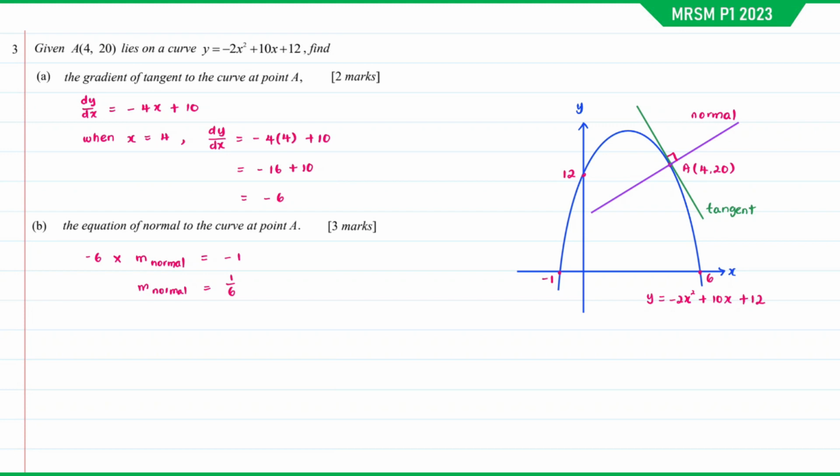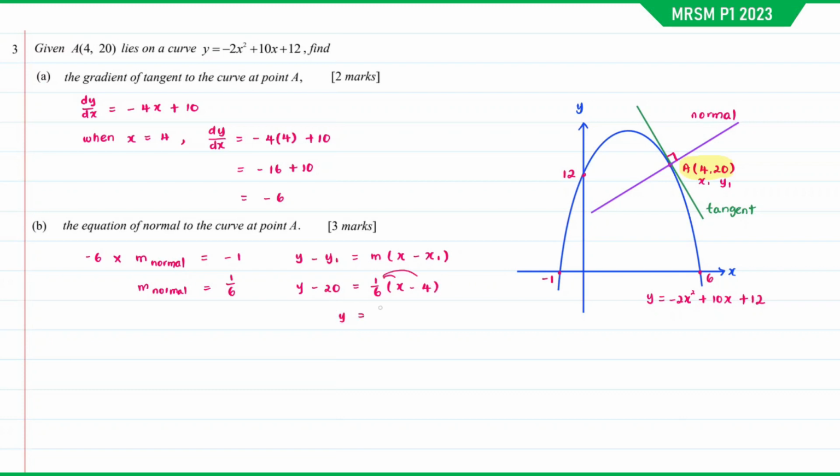As the normal passes through the point A, using the coordinates of point A as x1 and y1, we're going to find the equation of the normal using this formula. So y minus 20 is equal to 1 over 6 times (x minus 4).